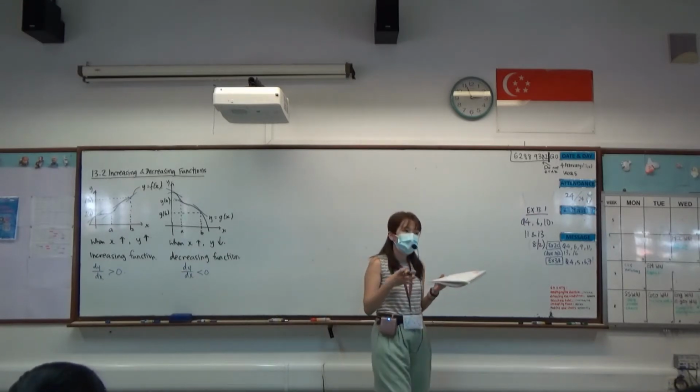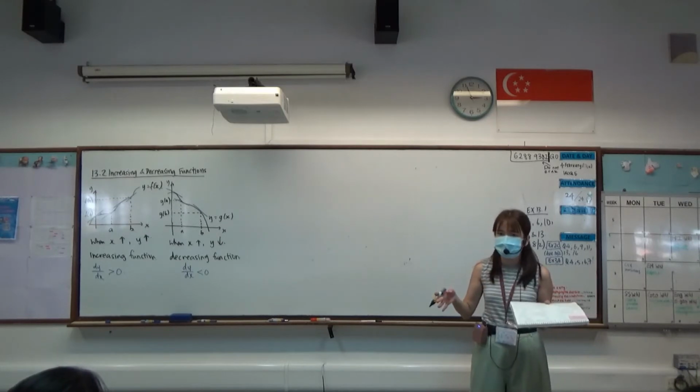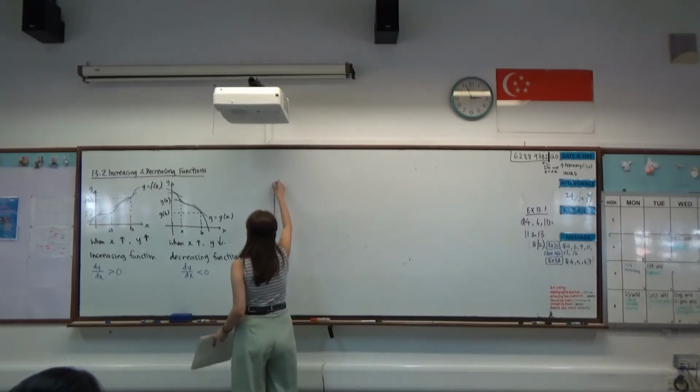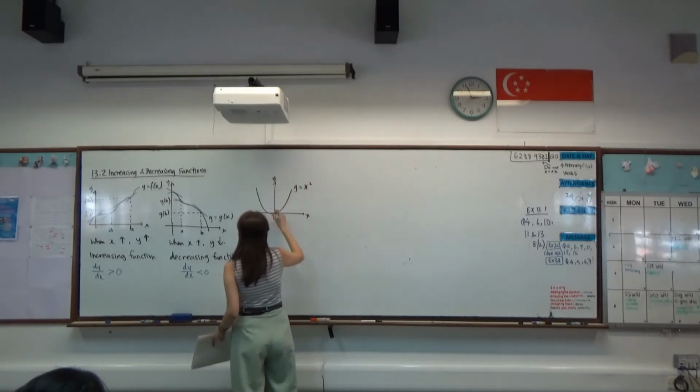There is a possibility that for a function itself, it is not all the time that it is increasing and not all the time that it is decreasing. One such example is your quadratic curve. Let me draw this better.